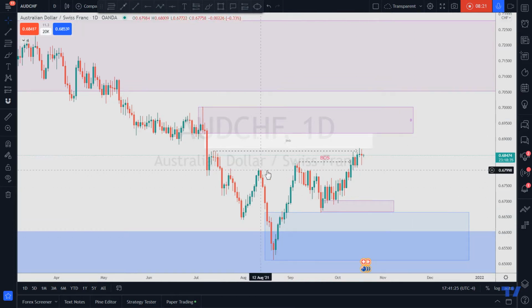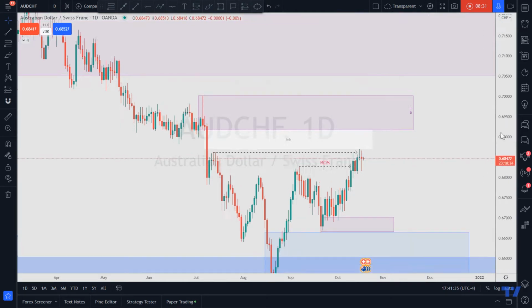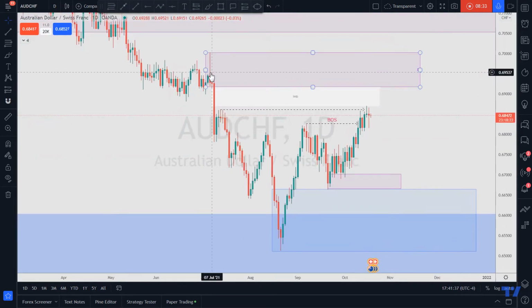And then once we broke structure, all right, price just continues chopping it up nicely to the upside. We have a daily supply area here. So we want to be careful once we get up there, because price has the potential to reverse.